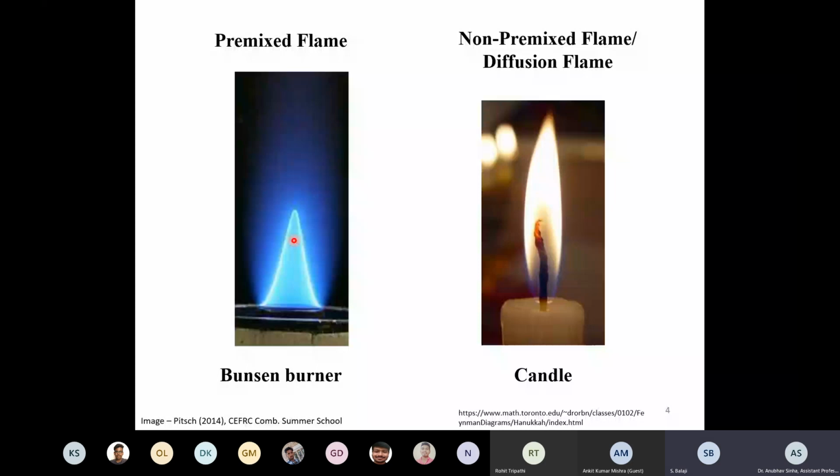I mean, the CO here is just concentrated in one region, and there it might be all over the place. We'll come to that. I have a mass fraction of CO in a few slides, but that is not the case. This yellow region is particularly coming because of soot particles.